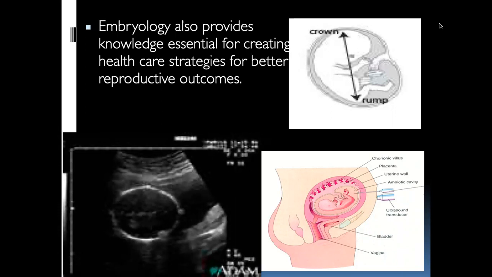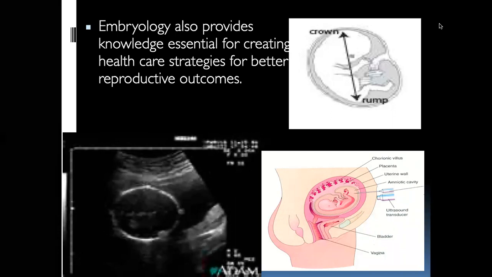Okay, PCPNDT act. This act says that you should not disclose the sex of the child, because sometimes there might be problems.